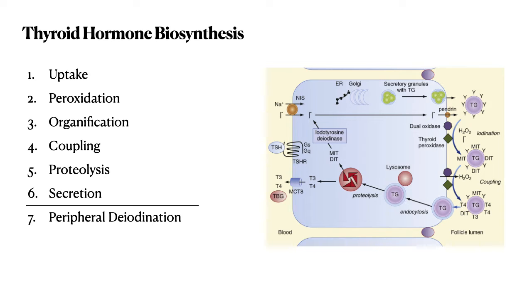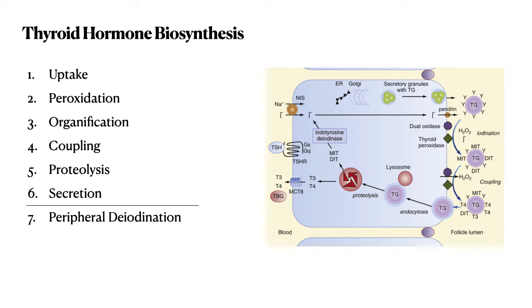But if you observe the thyroglobulin molecule, not all of it will have T3 and T4 at the end of coupling. Some of it will still have MIT and DIT, and these non-T3, non-T4 tyrosines will then be recycled by the thyroid follicular cell via the action of iodotyrosine deiodinase, which will liberate again the iodide molecule, which will then go into the colloid again.